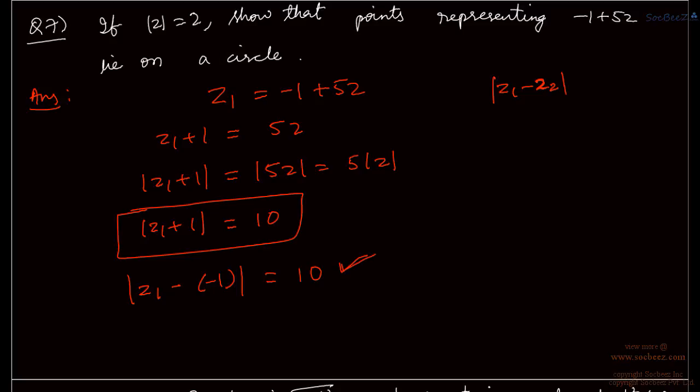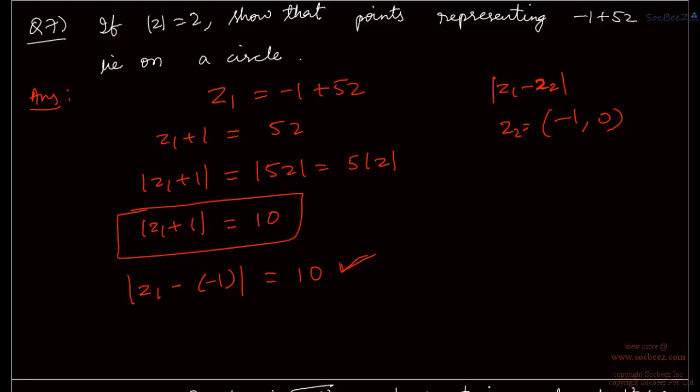So in other words, let z2 be the point minus 1, that means minus 1 comma 0, or minus 1 plus 0 i. So the distance between z1 and minus 1 is always 10, right? Modulus is nothing but the distance.